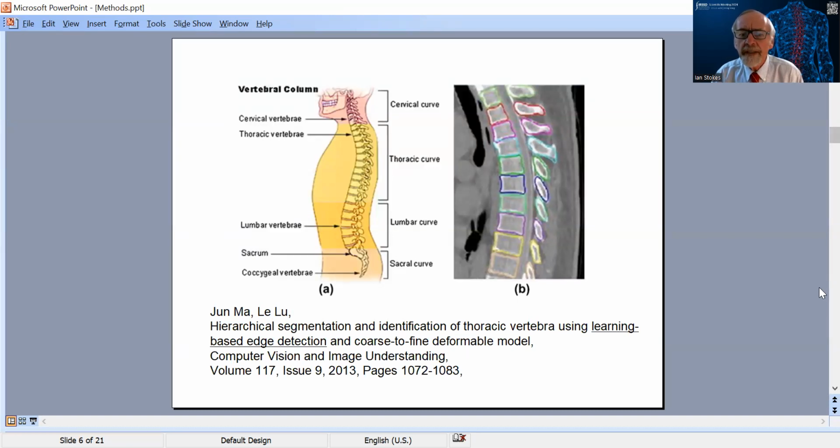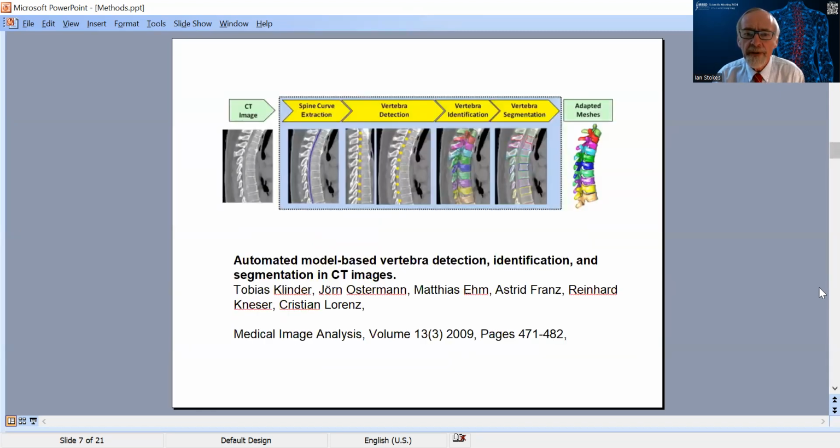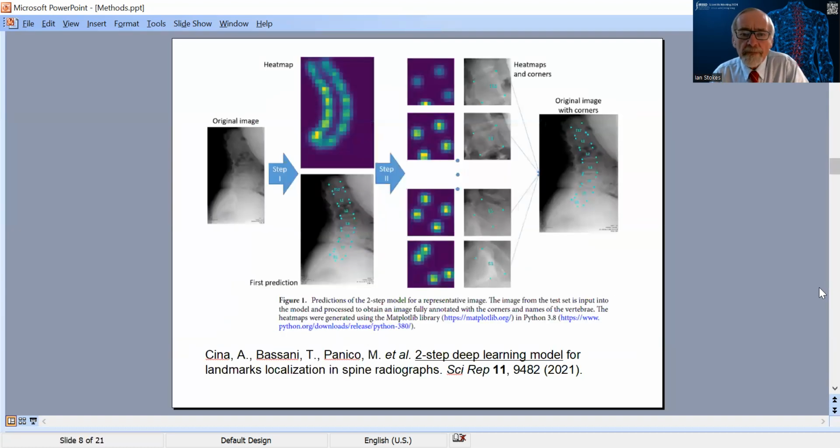Using learning-based edge detection to identify vertebral bodies in a lateral view. Here, automated model-based vertebra detection, identification, and segmentation in CT images. And here, a two-step deep learning model for landmark localization, in this case, lateral spine radiographs.